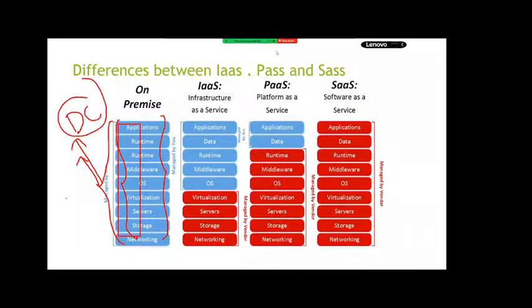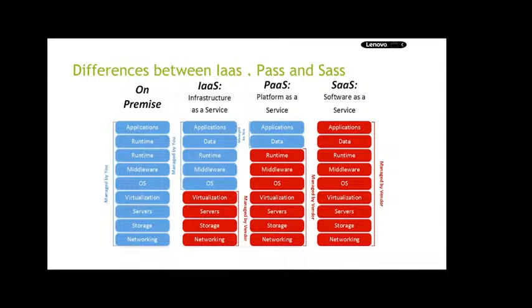That is on-premises. Next, in the cloud, if you go for infrastructure as a service, see guys, carefully observe the things which are highlighted with red color. That will be taken care of by the vendor. Now would you like to deploy Windows operating system or Linux? That totally depends on business requirement.